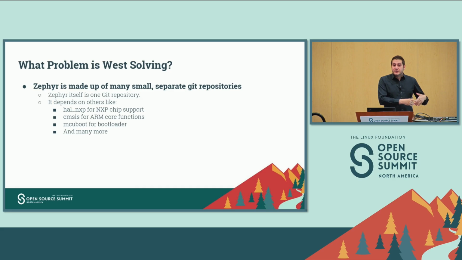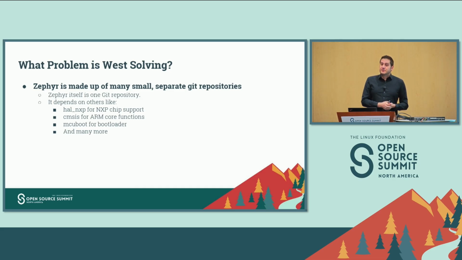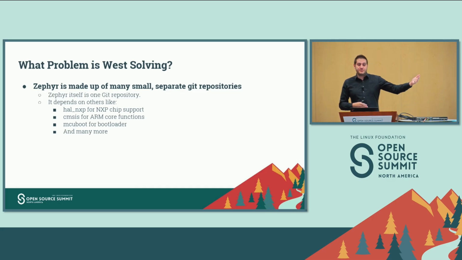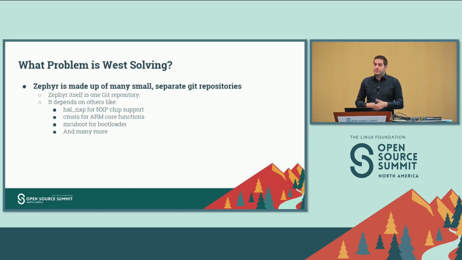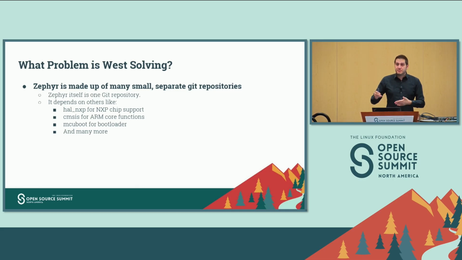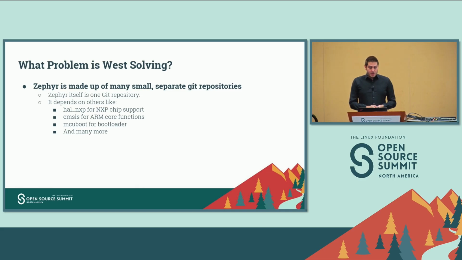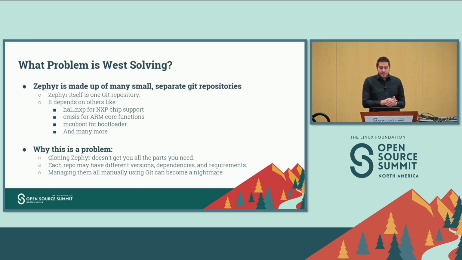We also depend on other Git repositories. For example, if you want to get the HAL from the vendor, you need HAL NXP. There's also a repository for ARM, for CMSIS, maybe for the bootloader, maybe for other third-party libraries, and many other things.